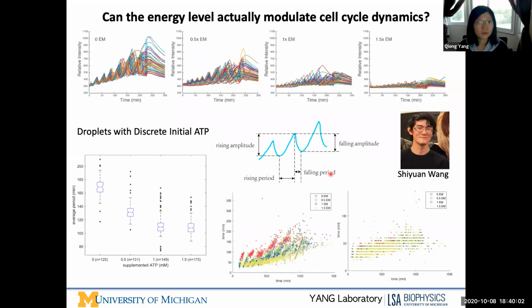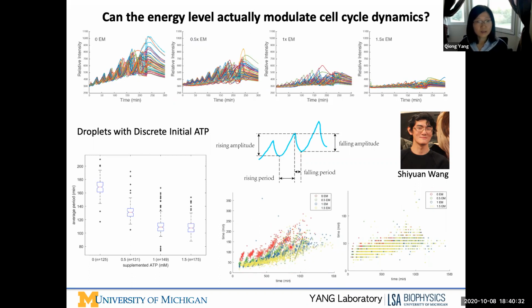If you look closer at the different phases of this oscillation, we have the rising phase and the falling phase. Because our reporter here is a cyclin, an anaphase reporter, and we know that the reporter is increasing during interphase and decreasing at mitotic phase, the rising phase is interphase and the falling phase is mitotic phase.